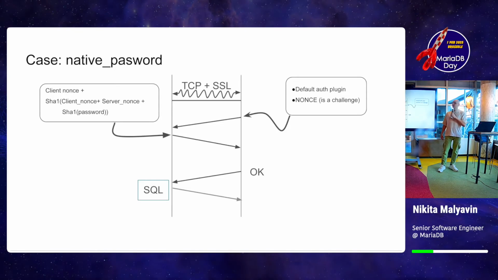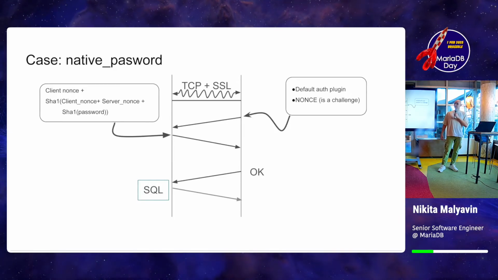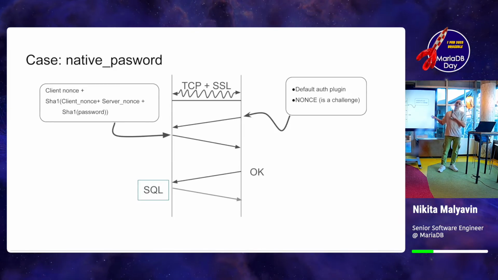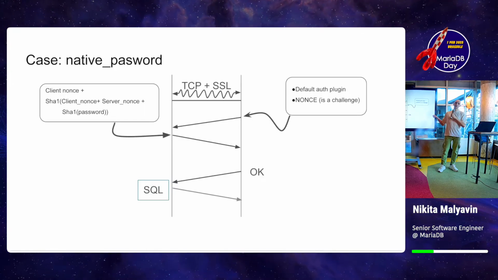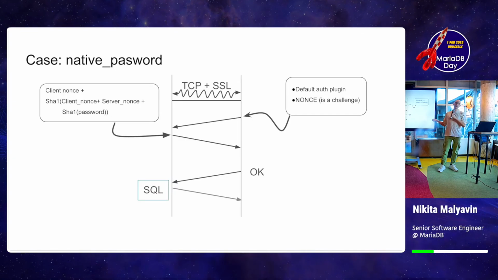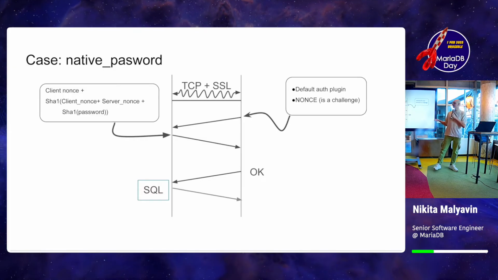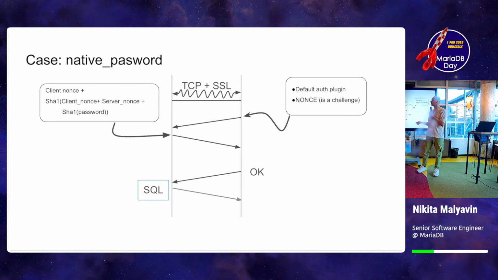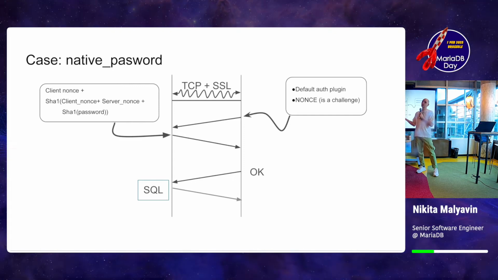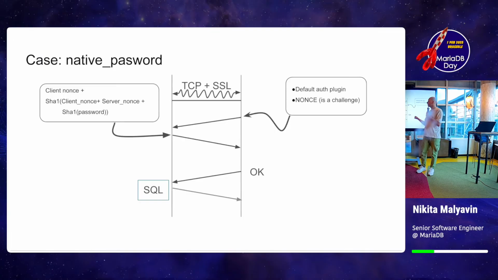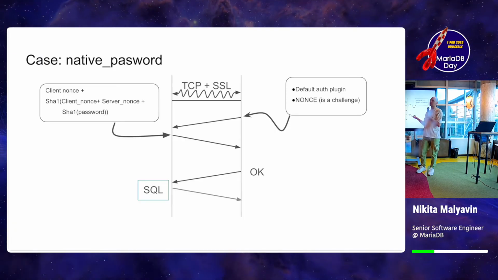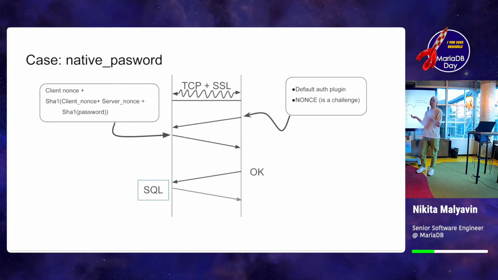So the problem with that is, for example, storing on the server just the SHA-1 of the password. If the table of these hashes is stolen, then the attacker can use this hash to make a successful authentication. And also, well, it's SHA-1, so it's a very popular hash.